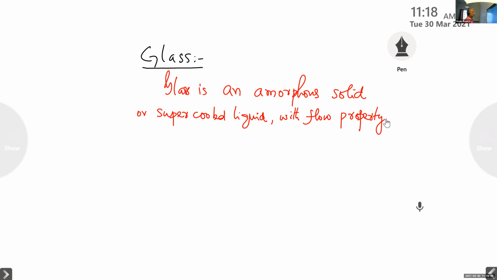Glass is an amorphous solid or supercooled liquid with a flow property. Full stop.